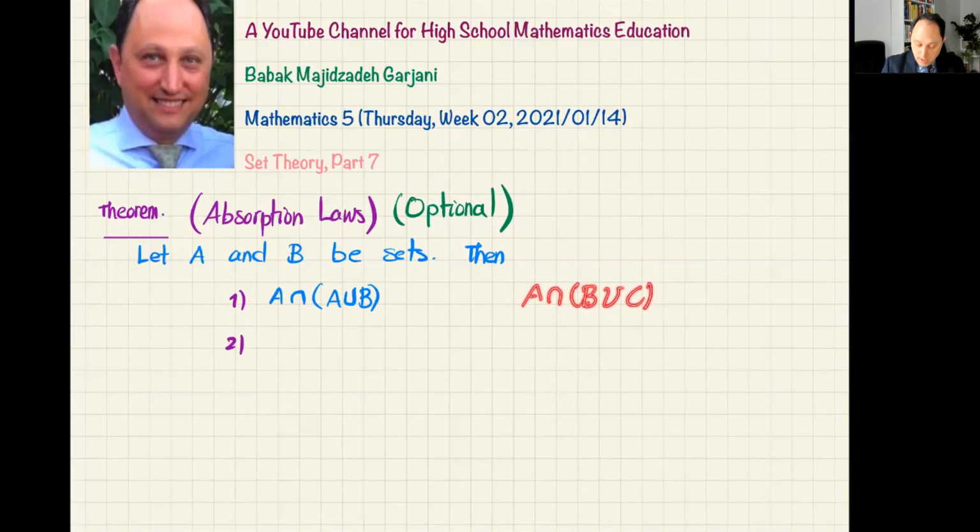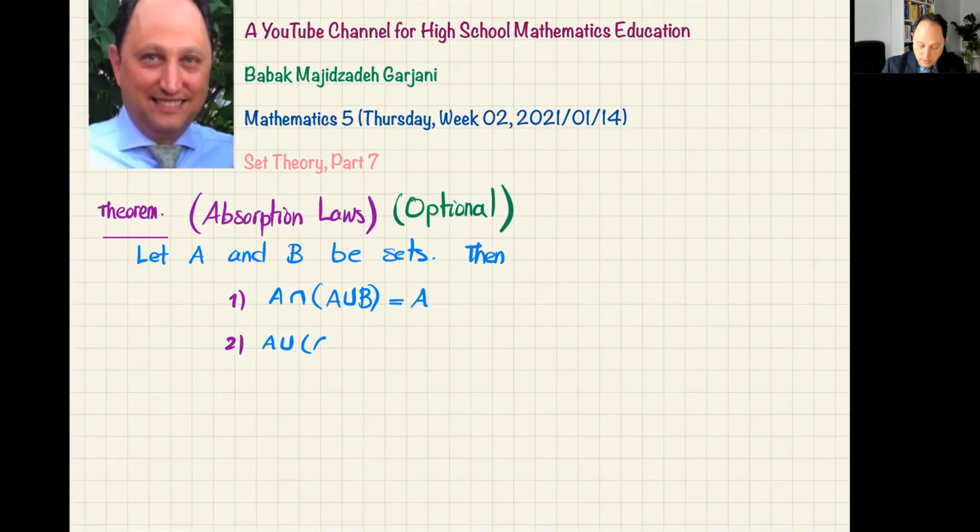But here one of these sets is being repeated. Absorption laws tell you that if you have this combination, the answer is simply the one which is repeated. It can be the other way around. It can be that the union is first and the intersection is coming after that.